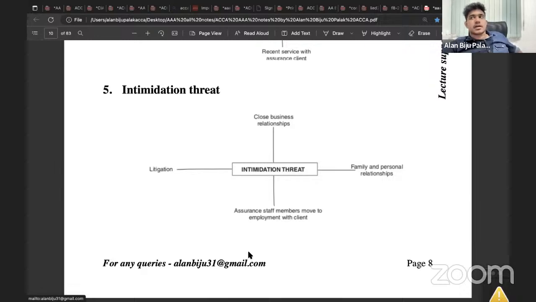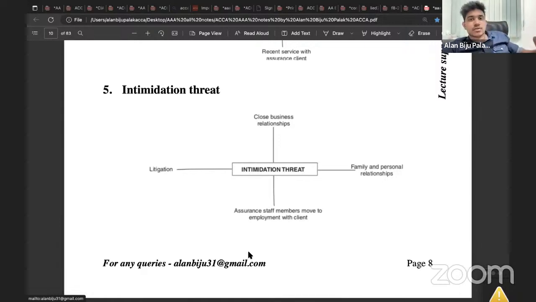The connected threats are self-interest, familiarity, and intimidation. Because if there is any sort of family and personal relationship, it can result in either self-interest, familiarity, or intimidation. But always keep it in mind, if the auditor is also expecting a personal benefit or a personal gain, then only it will result in self-interest.